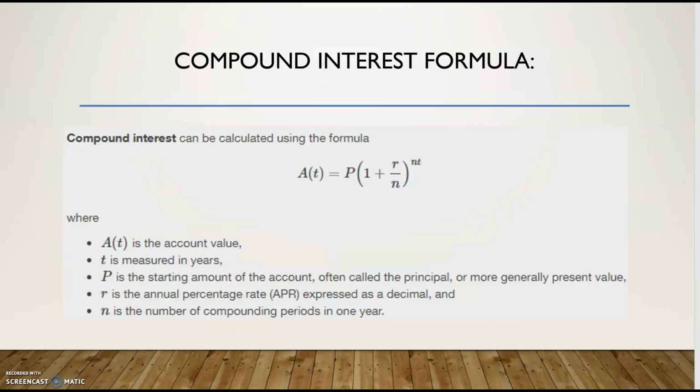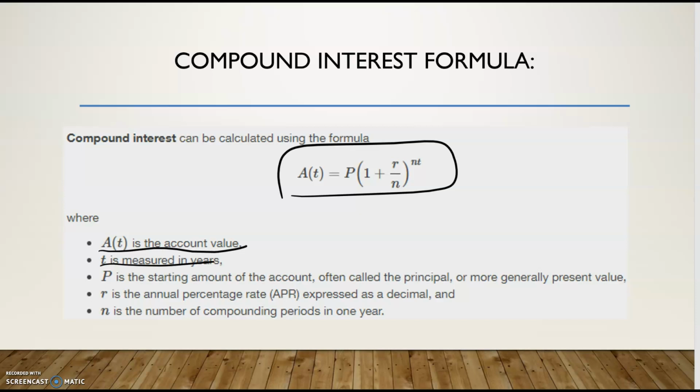Now let's look at something called the compound interest formula. Okay, so the formula that you would use when you're trying to find compound interest is this right here. A of T is equal to P times 1 plus R over N, and then that raised to N times T. Okay, so they say that A of T is the account value.